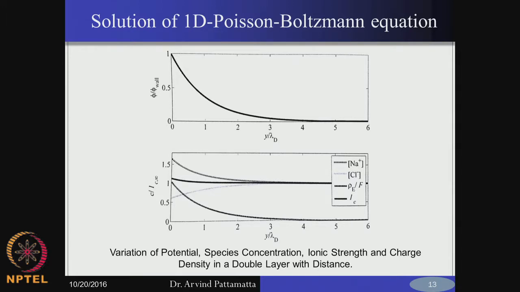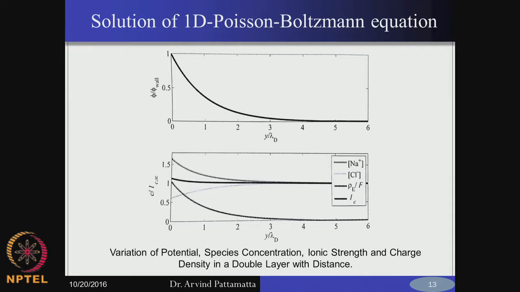So, you see the concentration of Na plus is very high at the wall, and then it progressively decays and reaches the bulk concentration, which is equal to 1, right. Whereas for Cl minus, it is deficient, lower than 1 at the wall, and then increases progressively and becomes equal to 1 in the bulk.